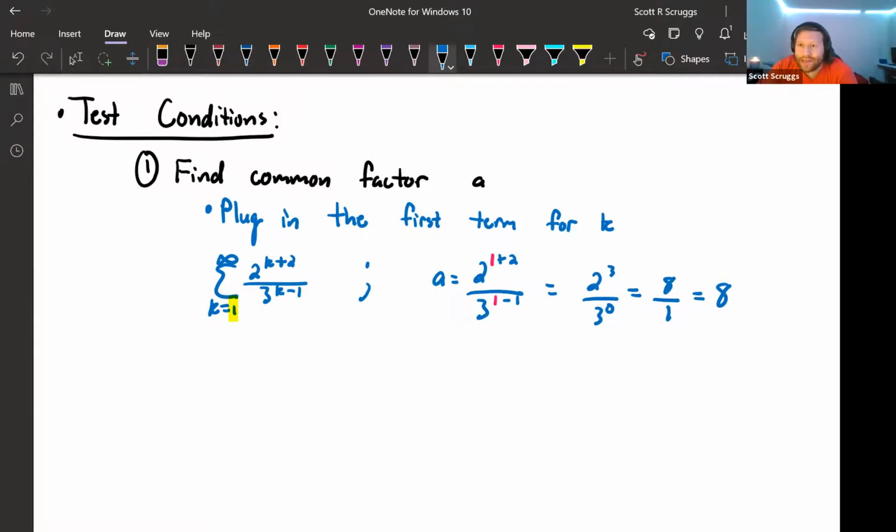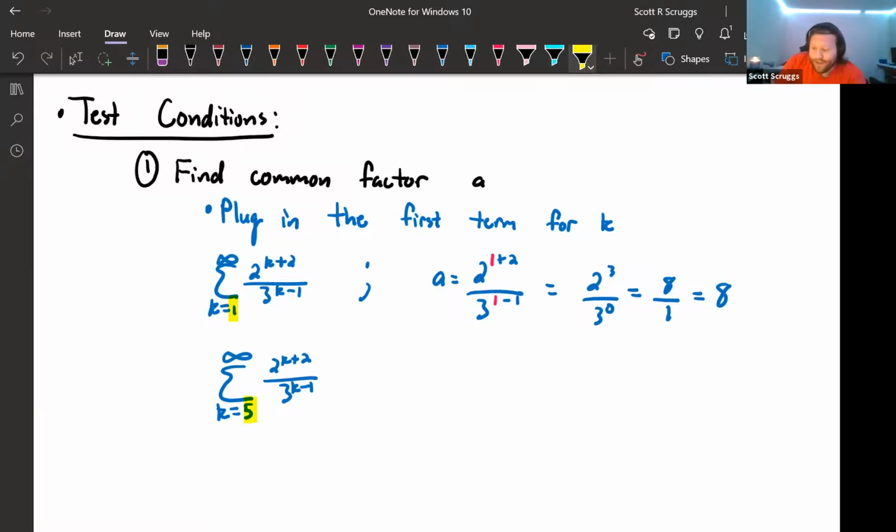Now keep in mind that this could change based on where the series starts. So let's take that same series again, 2k plus 2, 3k minus 1. Let's say that my series begins at 5 this time instead of at 1.